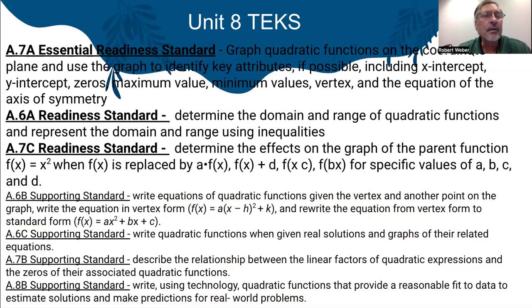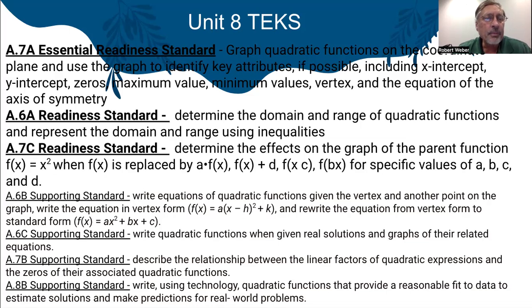A6A is a revisit from domain and range from first semester, only this time we're with quadratics. That is an important standard from the standpoint of readiness. A7C is also a readiness standard, and that's your quadratic transformations, your reflection, rotation, stretch, translate, up, down, right, left, so forth.